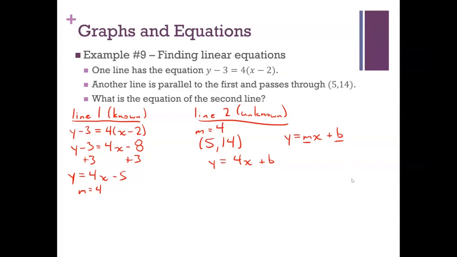The y and the x kind of go together. Like the x and the y are going to be coordinates of a point on that line. The only point right now that I know is on that line is (5, 14). So I'll write 14 equals 4 times 5 plus b. Now can we figure out b?